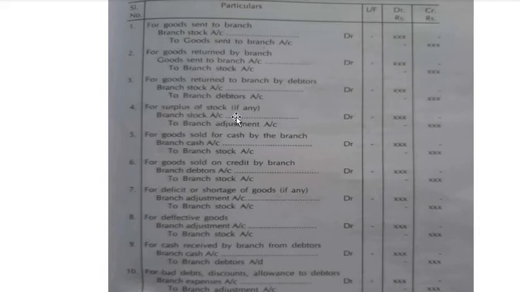For surplus of stock, if any: branch stock account debit to branch adjustment account. For goods sold for cash by the branch: branch cash account debit to branch stock account. For goods sold on credit: branch debtors account debit to branch stock account.